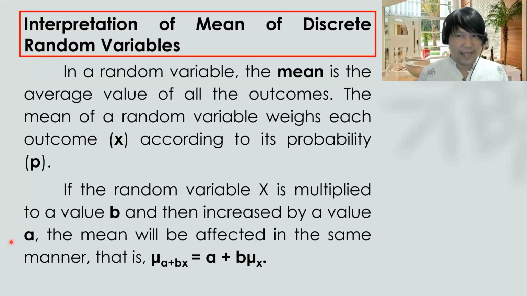But we cannot say directly how it will be affected, whether there will be an increase of addition or an increase in terms of multiplication. It depends upon the given situation. But always remember that if there is an increase in the given random variable multiplied by its corresponding probability, therefore the mean will also increase. If there is a decrease, therefore the mean will also decrease. Therefore, how are we going to interpret now the result?